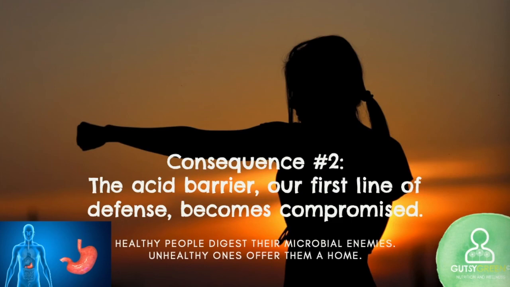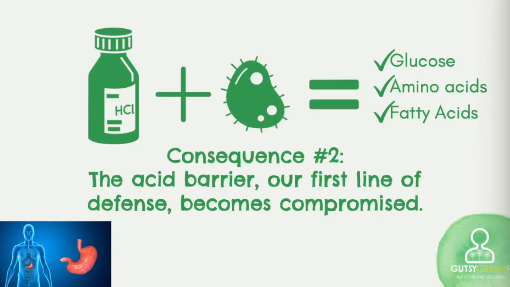The acid barrier can be considered our first line of defense for microbes and antigens that enter our body through the mouth. To rehash, the acid reduces them, like any other food particle, to their primary chemical components: glucose, amino acid, and fatty acid. And then we digest them accordingly.